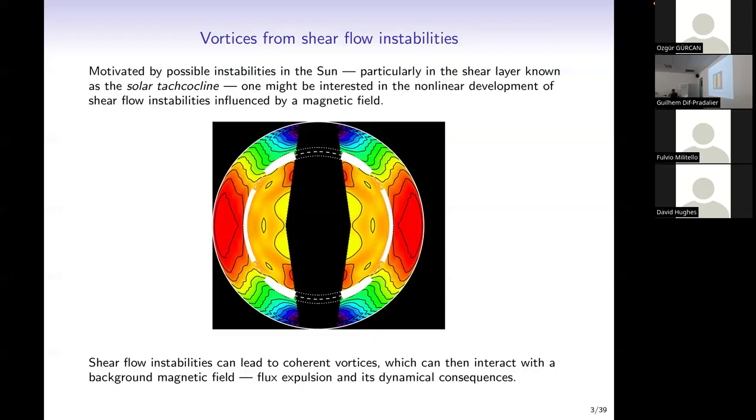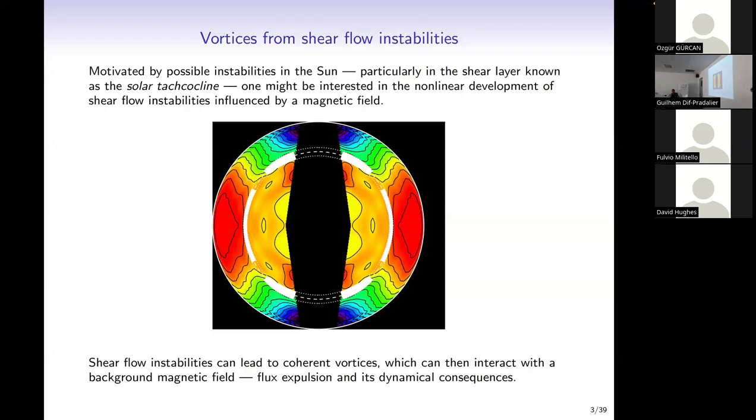So this region here, this white region, is called the tachocline. It's a region of intense shear in the sun, the bottom of the convection zone, above the radiative zone. And so it's got potential for all sorts of things, one of which is shear flow instabilities, which lead to vortices.